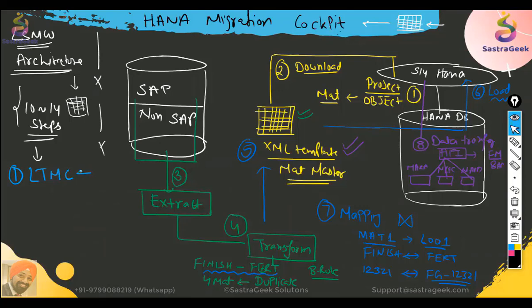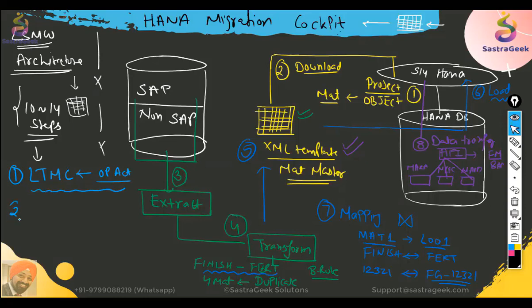In LTMC, we will be doing all of the operational activity: creating your project, activating objects, downloading XML templates, filling the XML templates and uploading them back, and final execution of your data transfer. All of the steps which I have mentioned here would be done through the transaction LTMC.